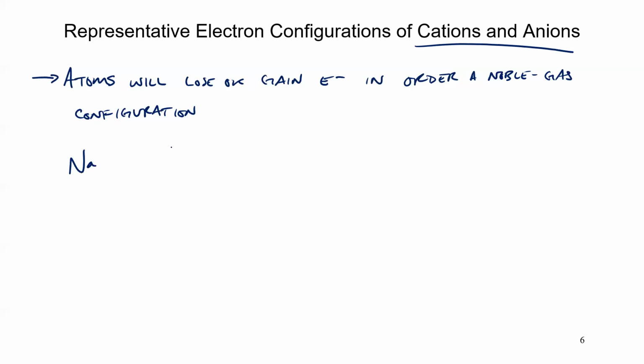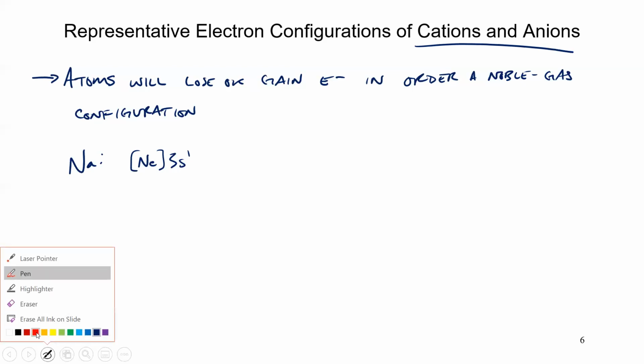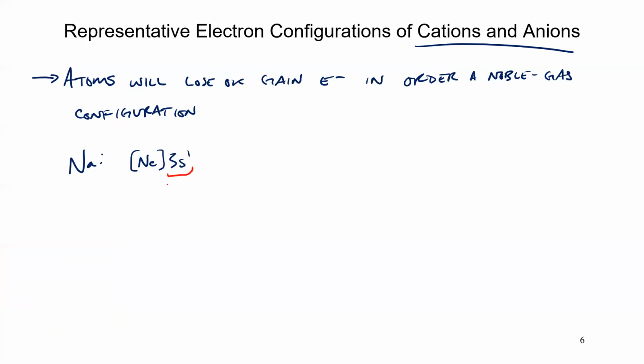Sodium is neon, there's that noble gas, 3s1. So sodium only has 1 valence electron. That s electron is the valence electron.